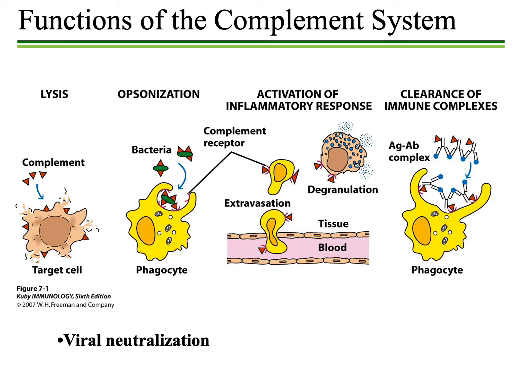As we'll see in just a bit, the complement system is actually a very complex biochemical cascade. But what we can do is assign functions associated with that complex biochemical cascade. Those functions are listed here for you. The first being lysis, that is cell lysis.